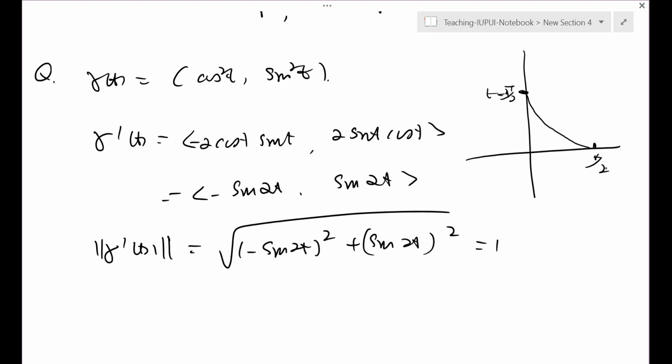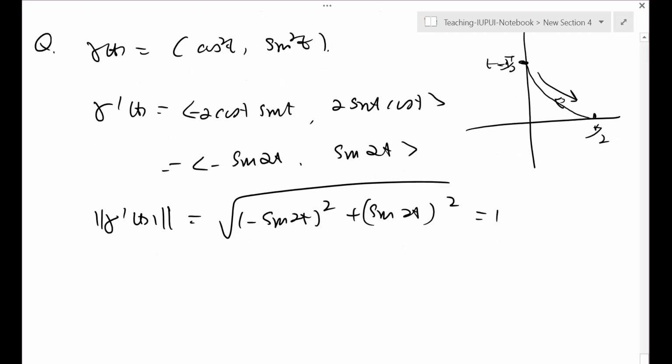However, when t increases, the y value is always positive. It's going up, then going down, just repeating. But we can still find the length, right? I just want to find the length of this piece. Okay, the length of that piece.